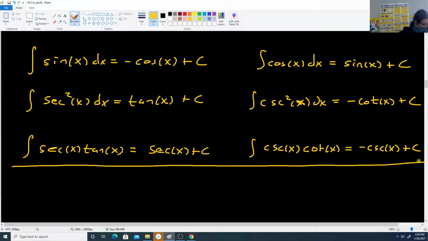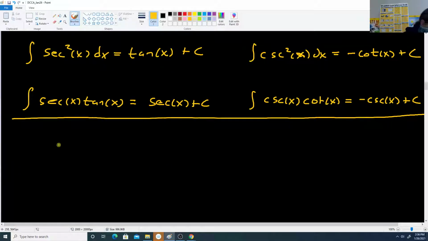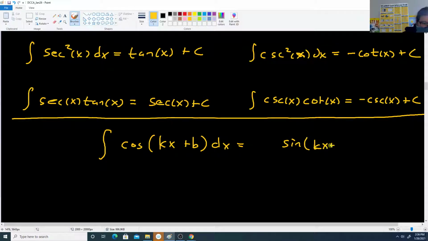So we'll finish up with just two last statements here. If we want the integral of cosine of kx plus b dx, that would equal, so sine's derivative becomes cosine, but the chain rule would apply to a statement like this.